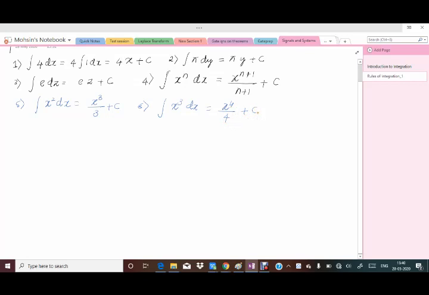Similarly we can have a combination of the two, like 8x cube dx. In this case 8 is a constant, so it will come outside. Then x cube dx, again we use this term: x raised to 4 by 4, plus c. Here it can be simplified, so we finally get 2x raised to 4 plus c.